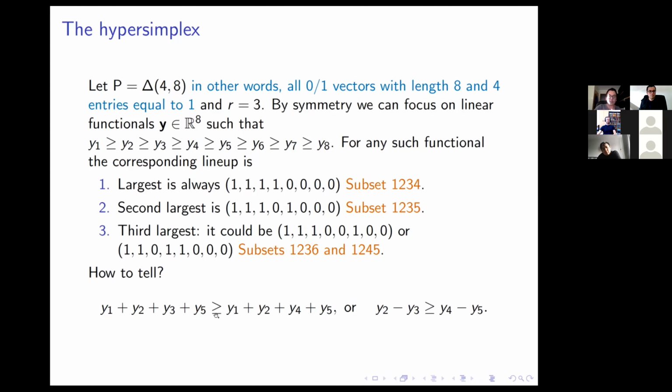Oh, there is a typo here. This should be a y6. The other one is y1, y2, y4, y5. So this on the right hand is fine. This should be a 6. And when you compare, now there is a split. It depends on whether this is larger than this. So either can happen.